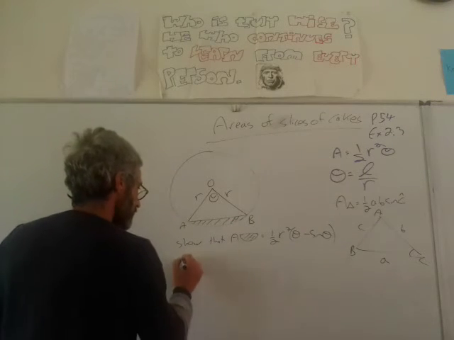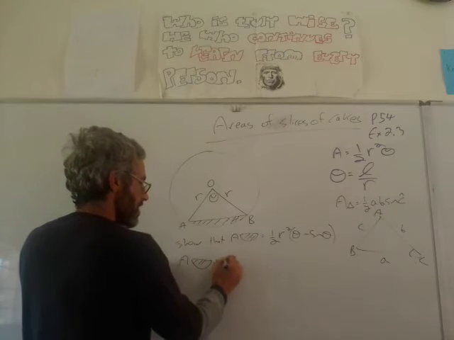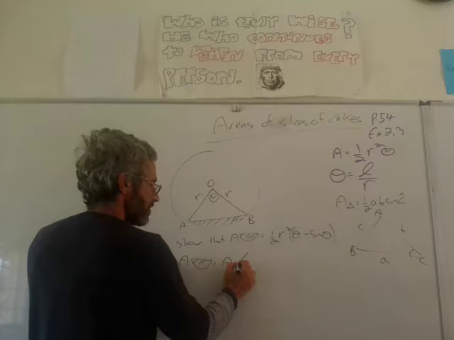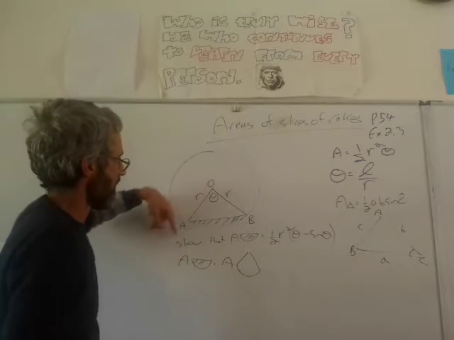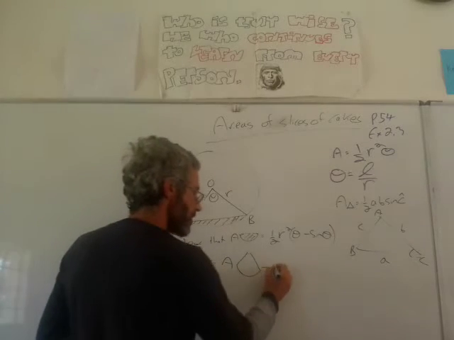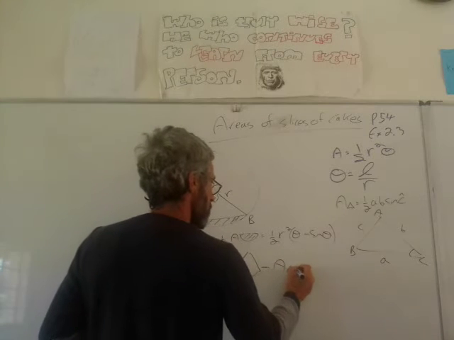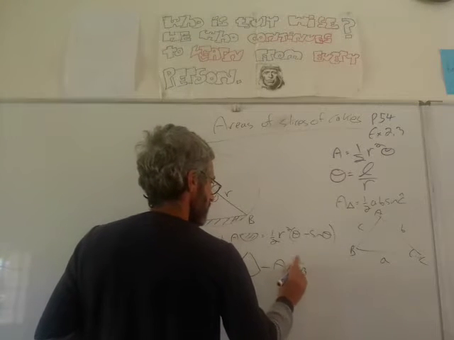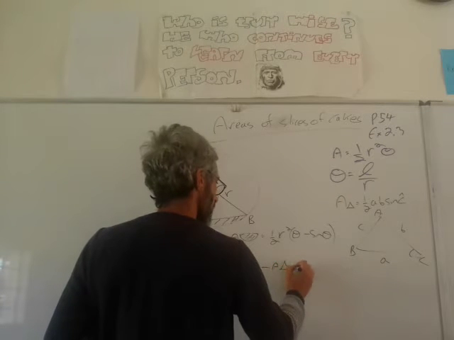The area of the watermelon slice is really the area of the cake slice, this whole cake slice AOB, minus the area of the triangle AOB.